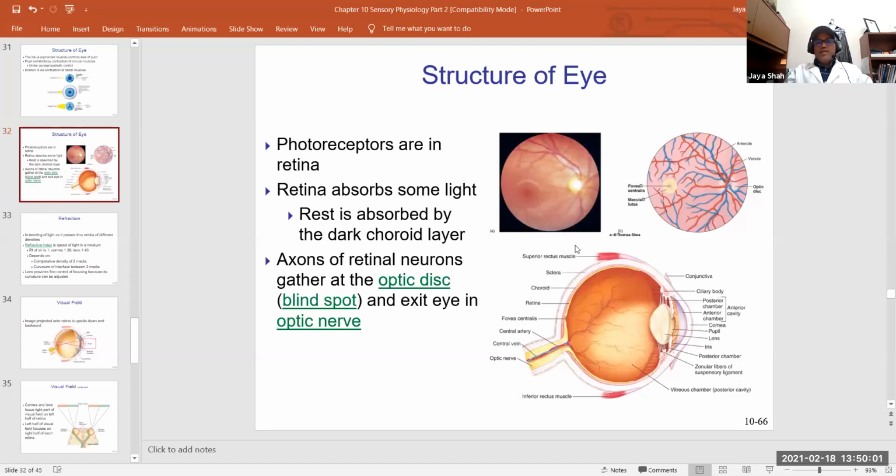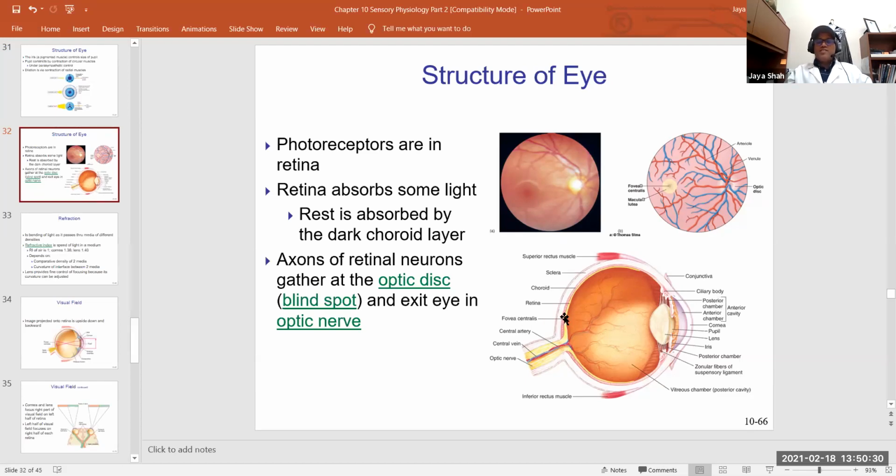Now on the posterior wall of the eye, we have certain specific features. This is optic nerve and this area is called optic disc. In this area, there is no photoreceptor. So we call this area blind spot. There is a pit here. The large pit area is called macula lutea and the small pit in the macula lutea is called fovea centralis.